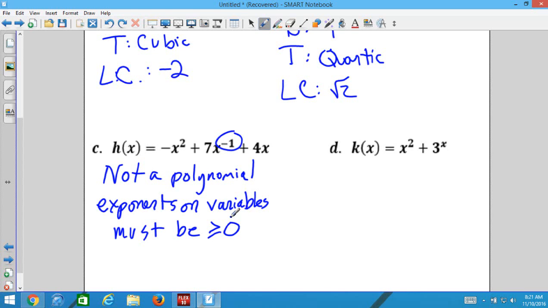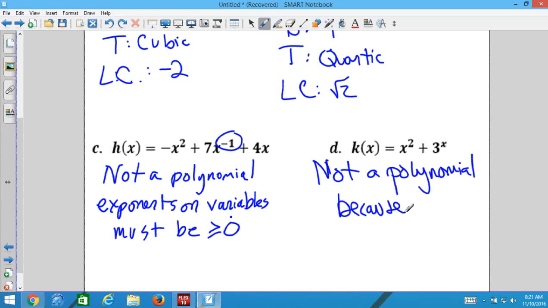How about D? Is it a polynomial? No. It's not a polynomial. Why not? Right, because we can only have numbers in the exponents.